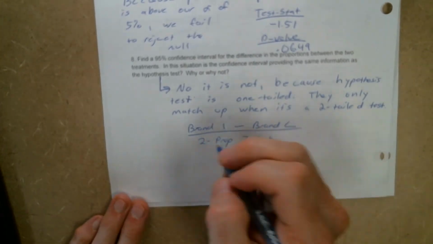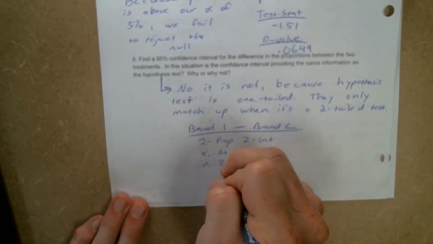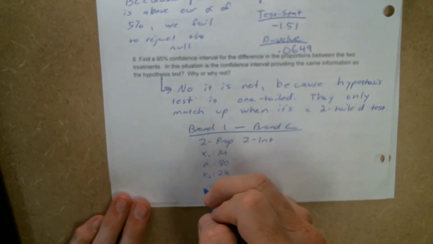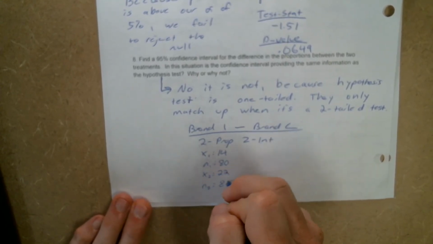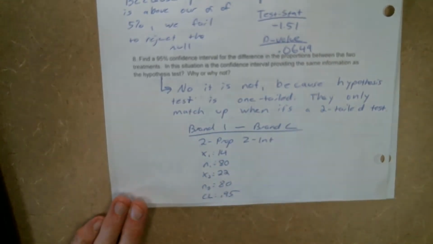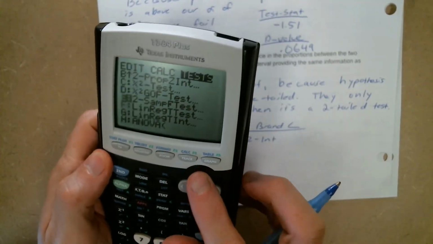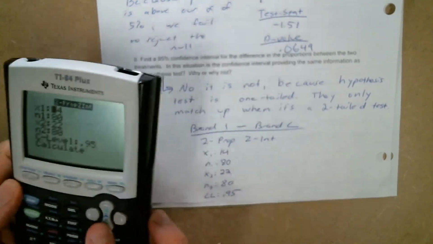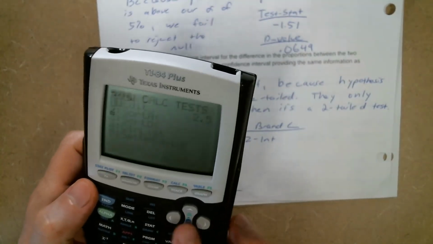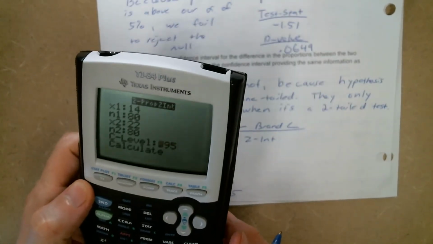And we're going to use pretty much the same information. 14, 80, 22, 80, and then a confidence level of 95%. All right. So stat tests, 2-prop Z interval, 14, 80, 22, 80.